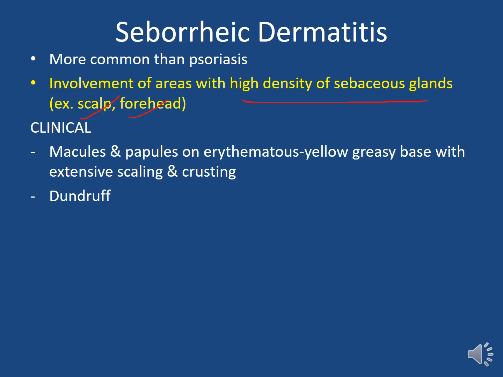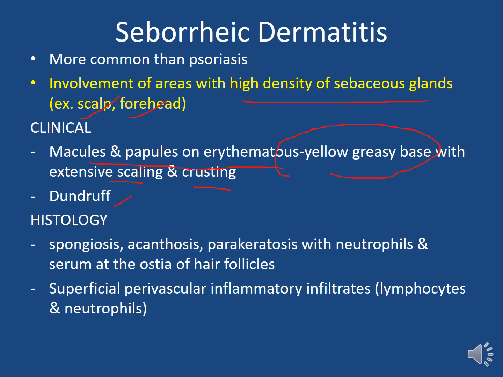What you will be able to see in seborrheic dermatitis are numerous macules and papules on an erythematous yellow greasy base with extensive scaling and crusting, similar to the appearance of dandruff, if the lesions develop in the scalp and in the forehead.